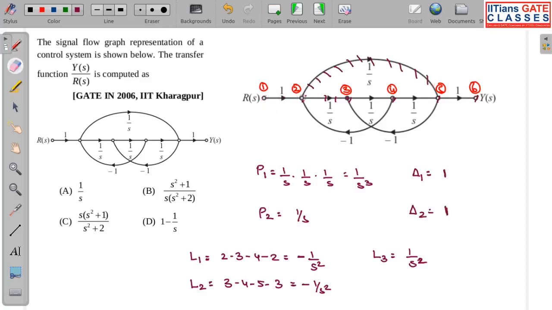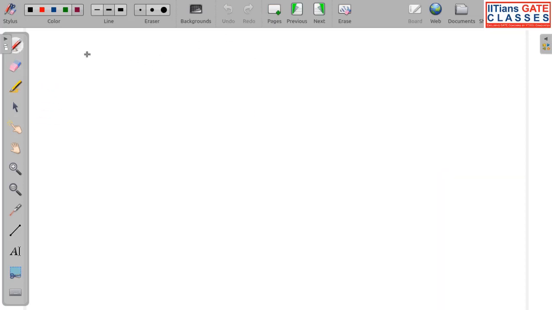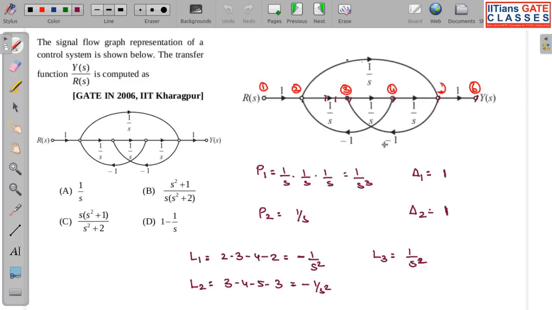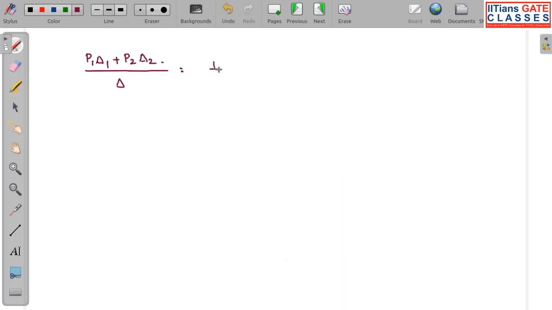Now we need to simply put it in the Mason gain formula. So that will be P1 delta 1 plus P2 delta 2 divided by delta. P1 you can see is 1 by s cube into delta 1 is 1, plus P2 which is 1 by s into delta 2 is again 1, divided by delta.